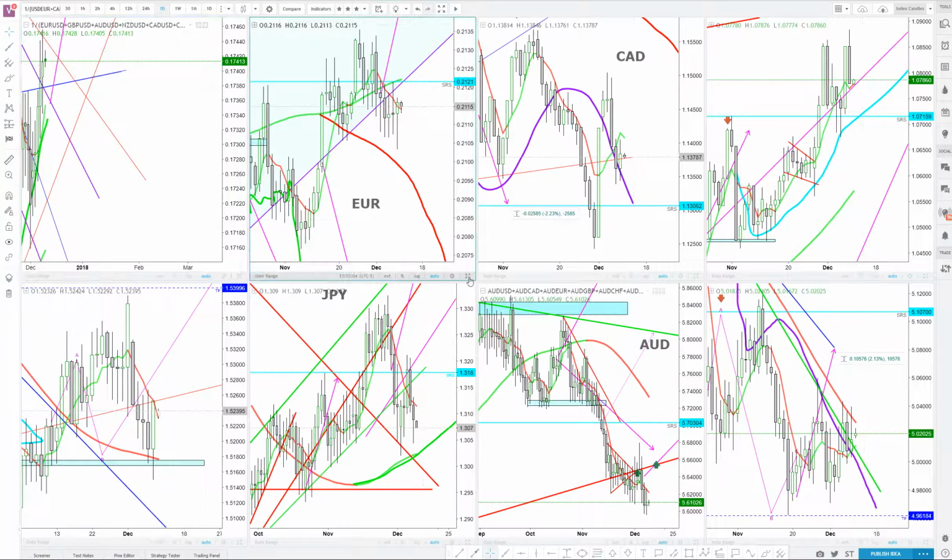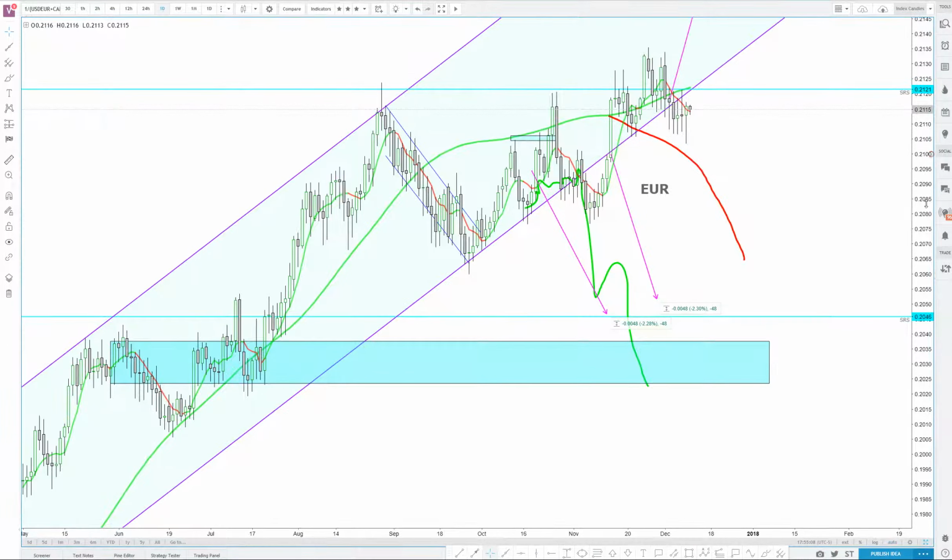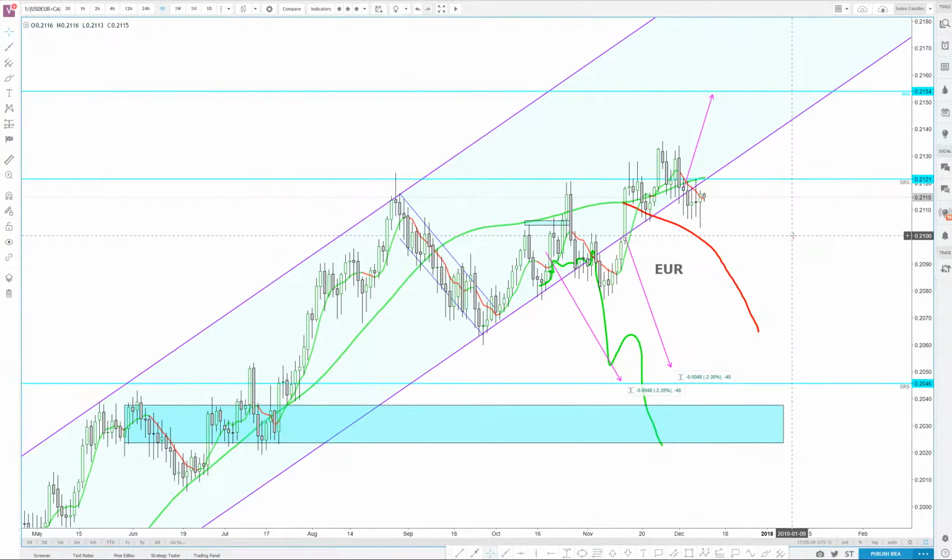All right, so let's look at euro. Euro is still kind of struggling to move higher. I was thinking that it will pull down to that trend line and then reverse back up. And we had a deeper pullback.